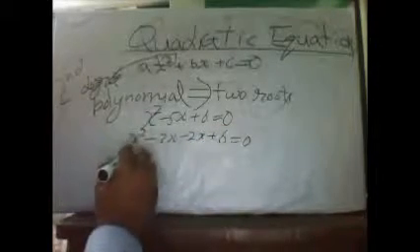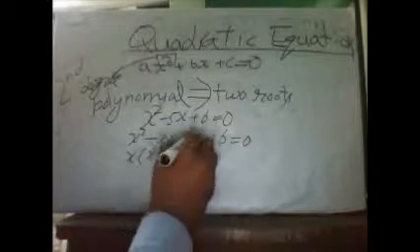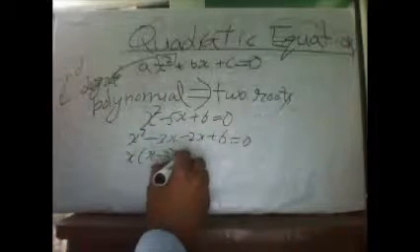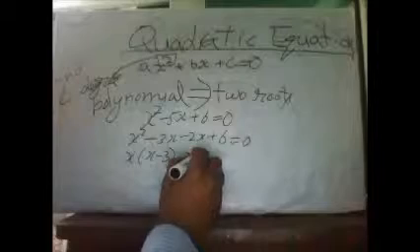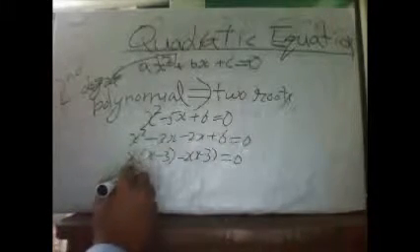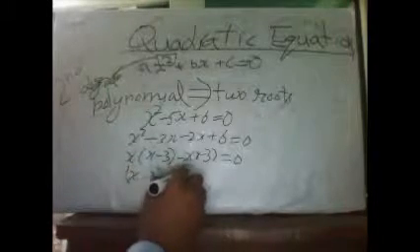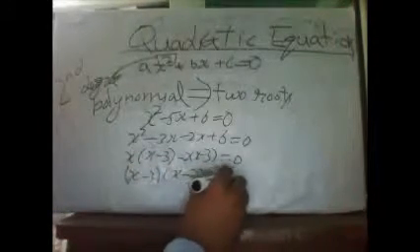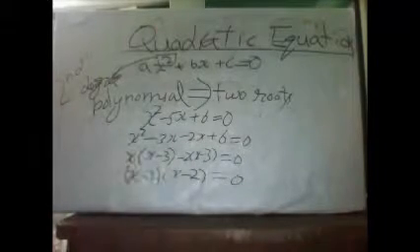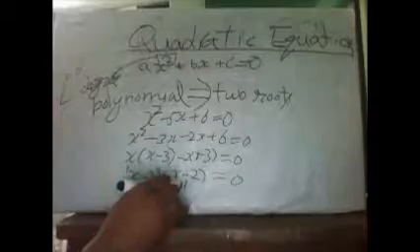Taking x common from the first two terms, we get x into x minus 3. Taking minus 2 common from the rest, we get minus 2 into x minus 3 is equal to 0. Now taking x minus 3 common, we get x minus 3 into x minus 2 is equal to 0. For this expression to be equal to 0, either x minus 3 is equal to 0 or x minus 2 is equal to 0.